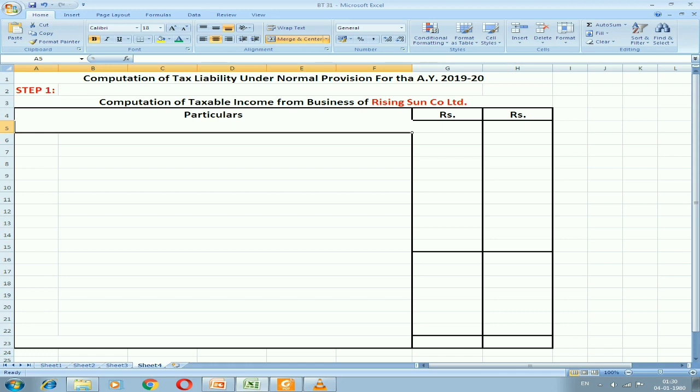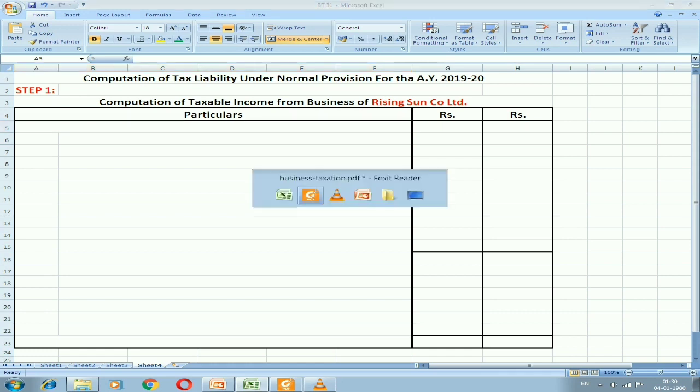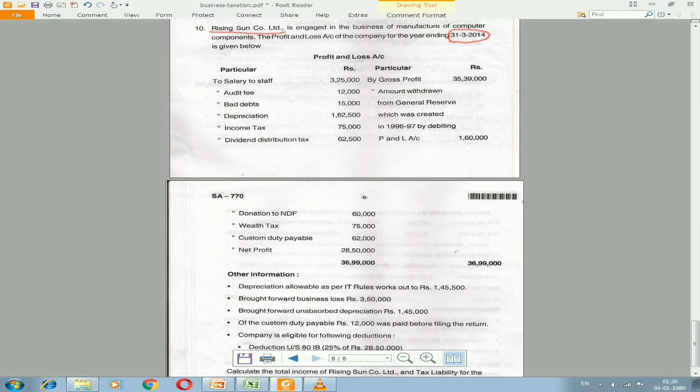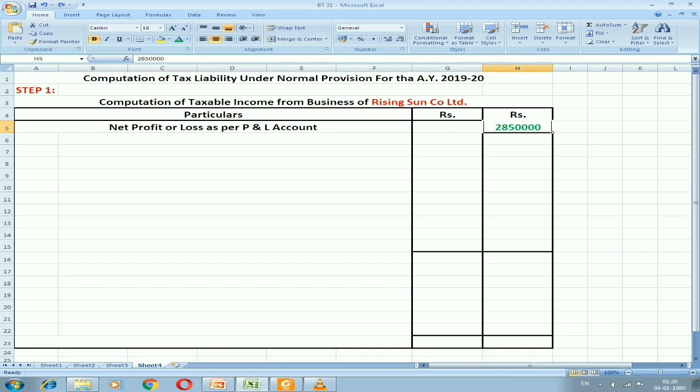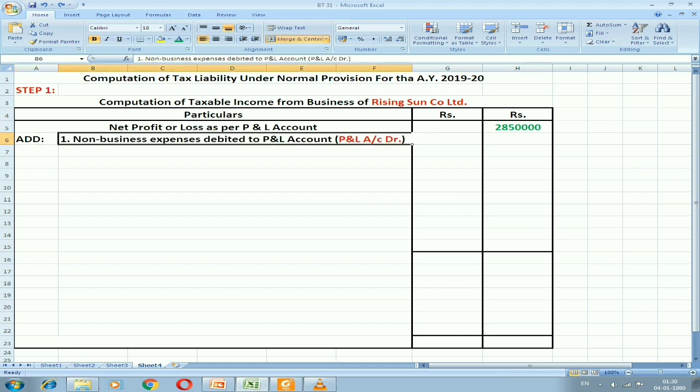First we are going to always start with net profit or loss as per profit and loss account. As you can see in the question, net profit is the amount of rupees 28,50,000 that we are supposed to take. Net profit or loss as per P&L account, 28,50,000 in the outer column. Then we need to add first non-business expenses debited to profit and loss account.